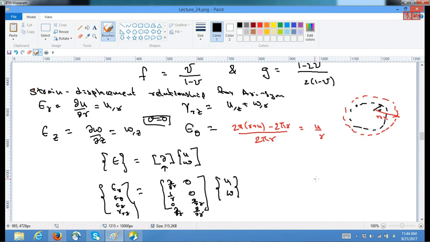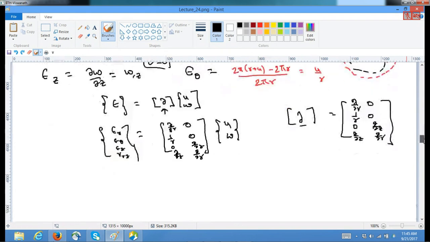So our operator dou can be written as dou by dou r, 0; 1 over r, 0; 0, dou by dou z; dou by dou z, dou by dou r, which will relate our u and w to the strains epsilon r, epsilon theta, epsilon z, and gamma rz in this manner. This operator relationship is a little bit different from what we generally see in the Cartesian format.